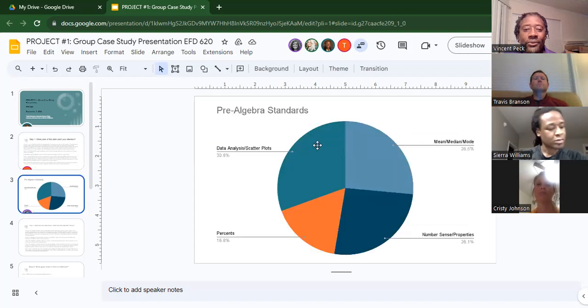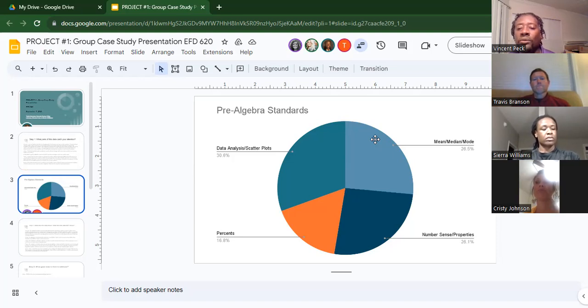So step two, well, okay, so we have this graph, the pre-algebra standards, and these are the different targeted learning objectives. Data analysis and scatter plots was 30.6%.